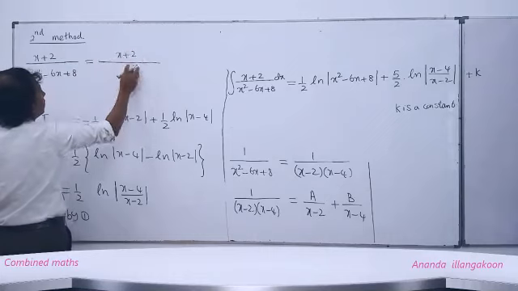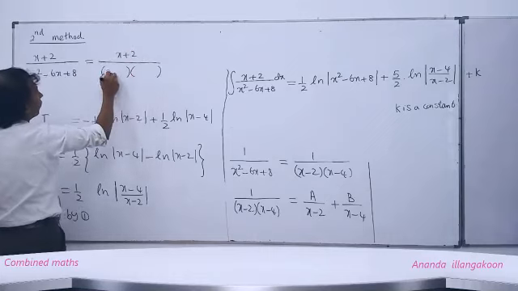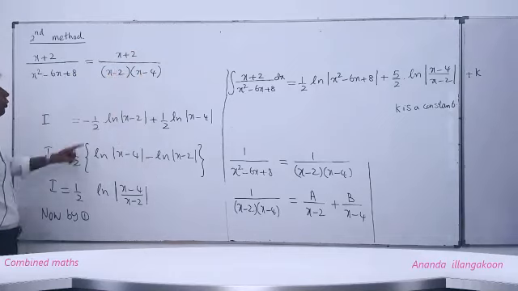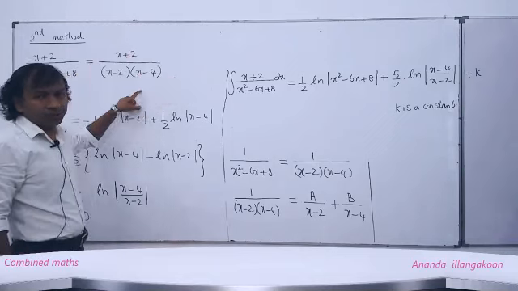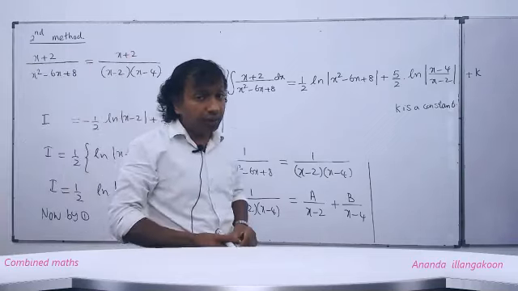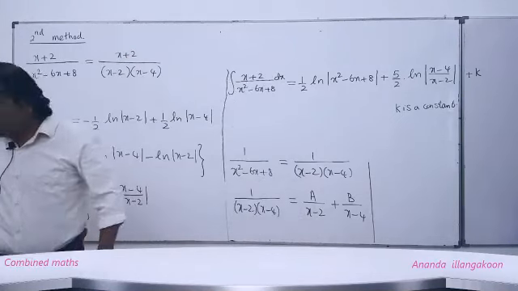What are the factors? x minus 2, x minus 4. Then you know how to try the partial fraction for this: denominator containing non-repeating linear factors. Understood? Right? Okay, we'll come to that, people.